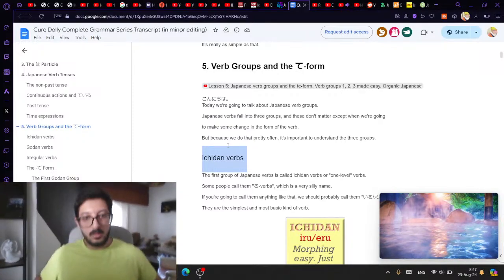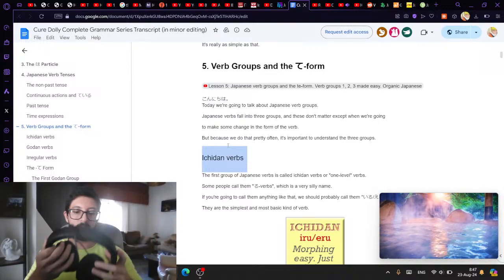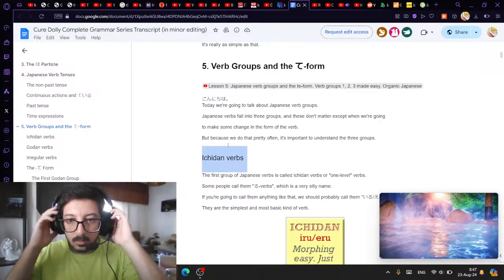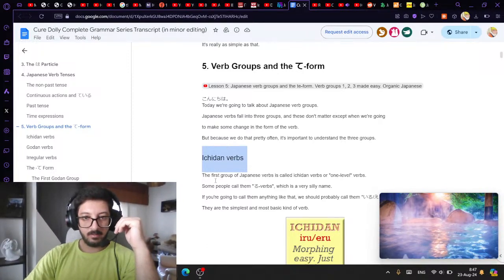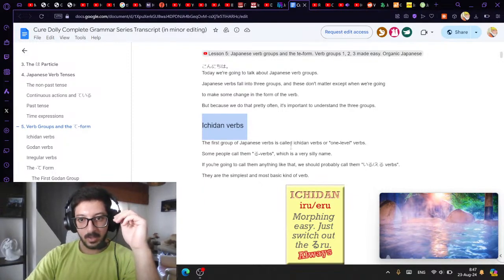Okay, let's go. So the Ichidan verbs. The first group of verbs is called Ichidan verbs, or one-level verbs.